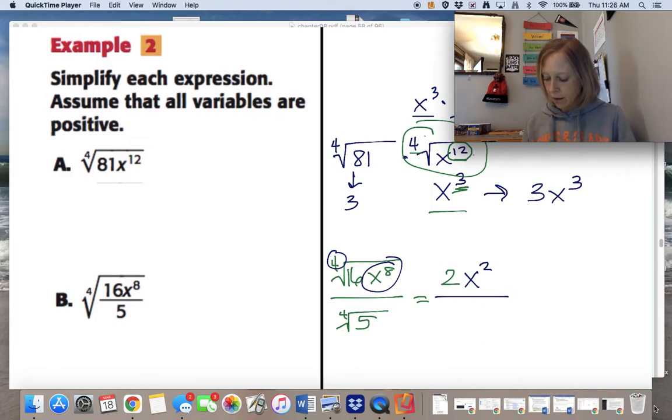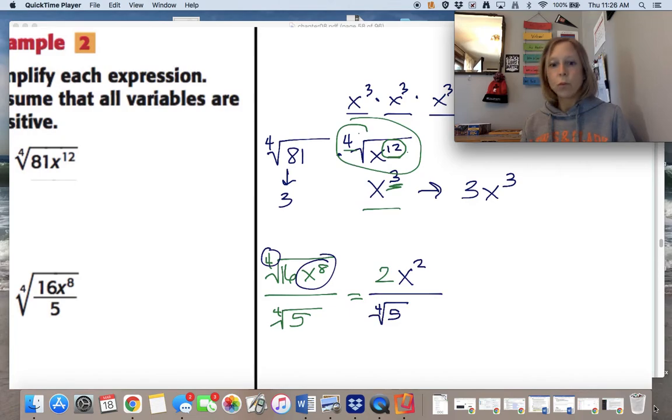Now we'll tackle our denominator. What can you raise to the 4th power to get 5? There are no integers that you can raise to the 4th power to get 5, so we cannot simplify that any further. However, we learned that it is not simplest radical form to have a radical in the denominator. So even though we can't take that root, we can still simplify it further.